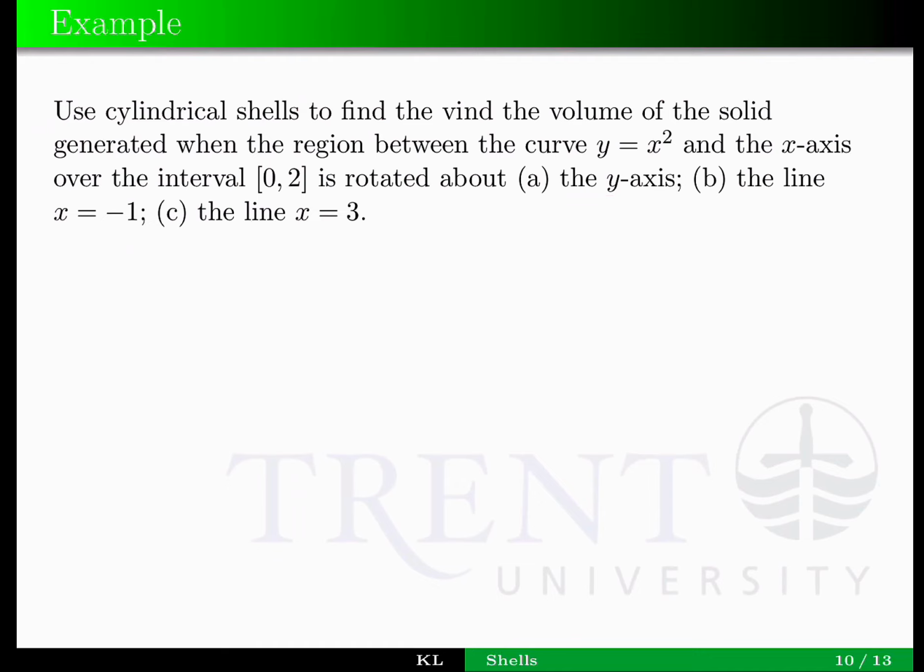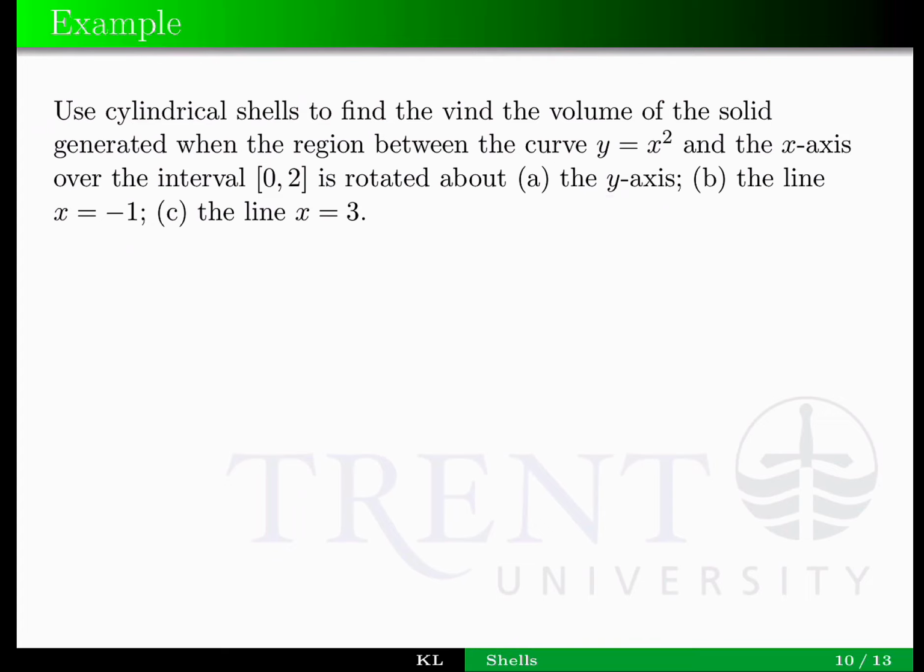If you would remember, this problem was similar to the last problem in the last video. But this time, we'll be doing a different method.